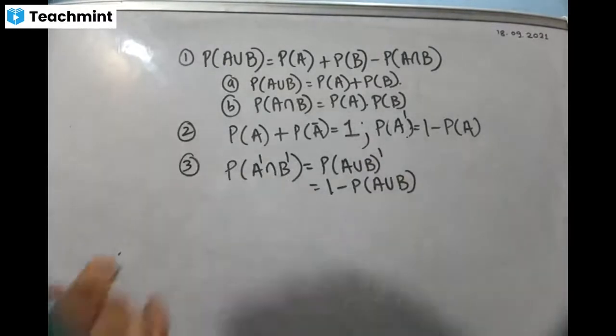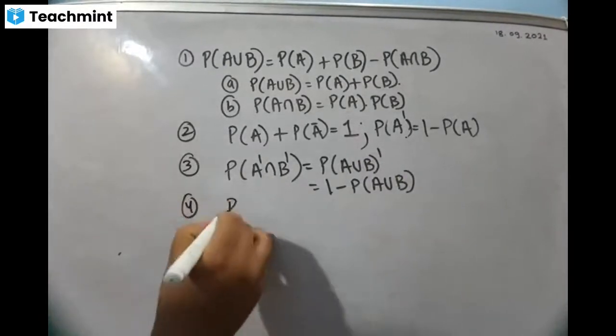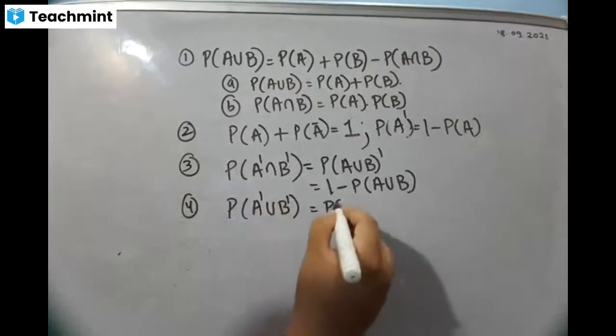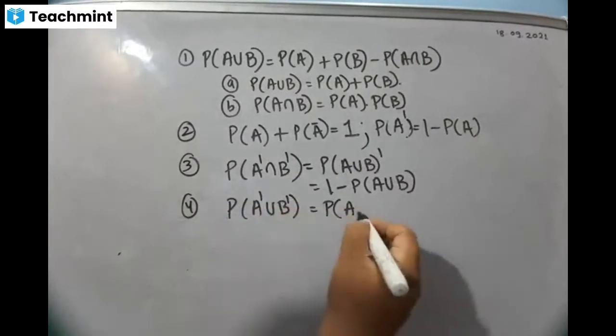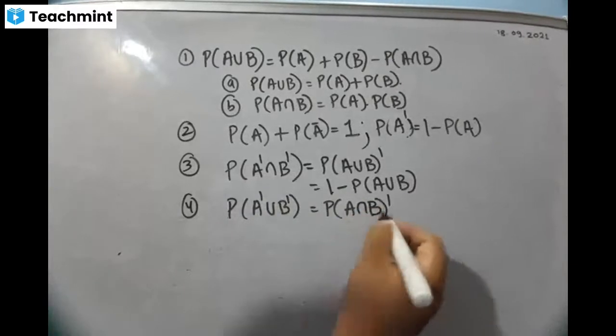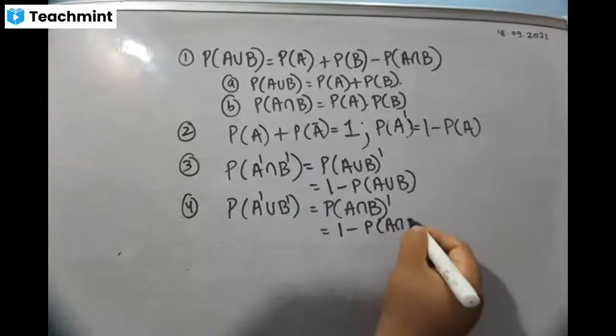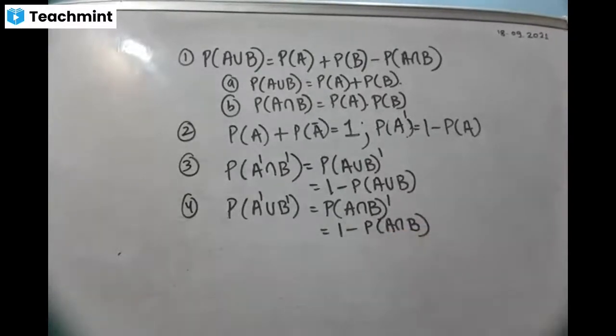Next, formula number 4: probability of A complement union B complement will be equal to probability of A intersection B complement, where union changes into intersection, and this in turn will be equal to 1 minus probability of A intersection B. I've explained in detail how you will get all these formulas using a Venn diagram.